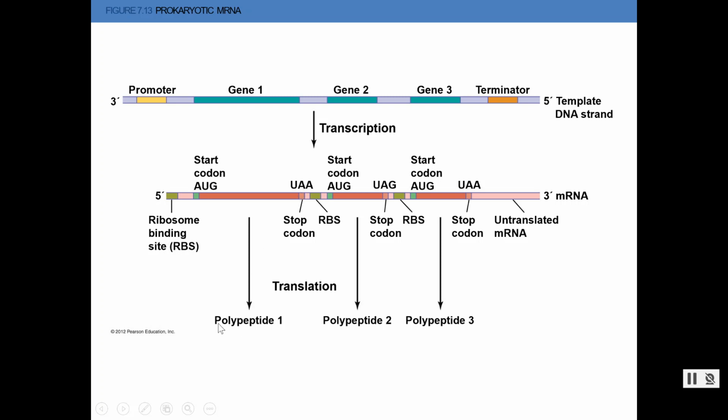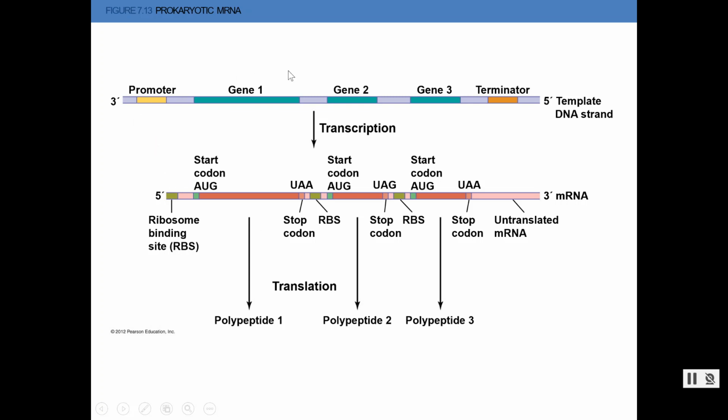Then we get translation, and we made a polypeptide chain, which will fold into a functional protein. In this prokaryotic cell, we've got another start and another stop, and another start and another stop. So multiple ribosomes can bind to the same mRNA and translate this into 3 different polypeptides.